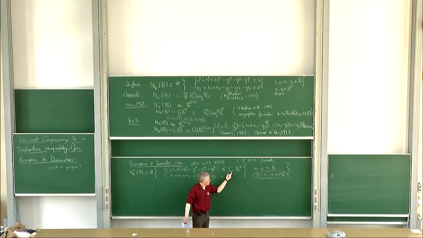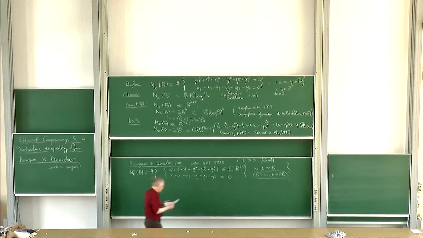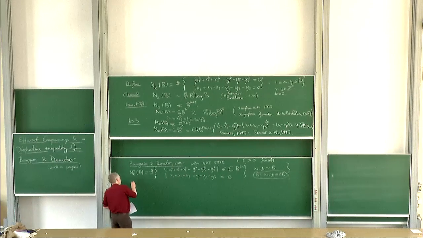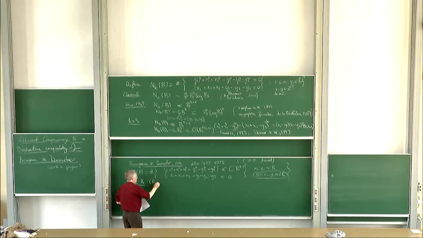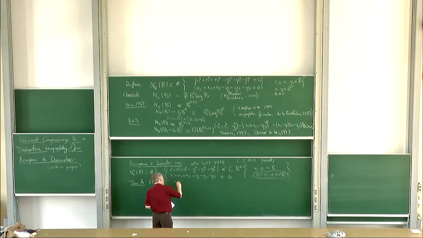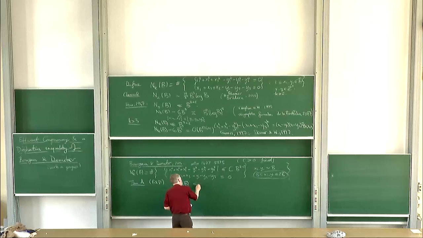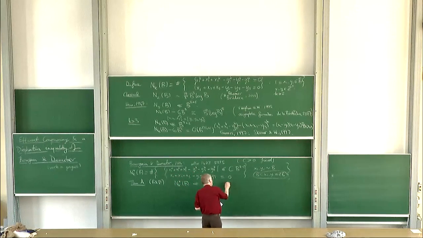So you might think that there may be many more solutions, especially if k is large. And what's remarkable about this theorem, I'll call it theorem A, is that the number of solutions here is still less than B to the 3 plus epsilon for any epsilon greater than 0 when k is at least as big as 2.